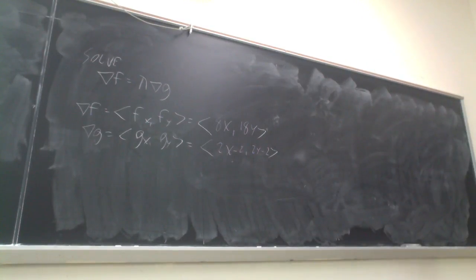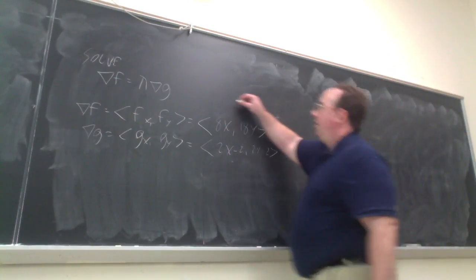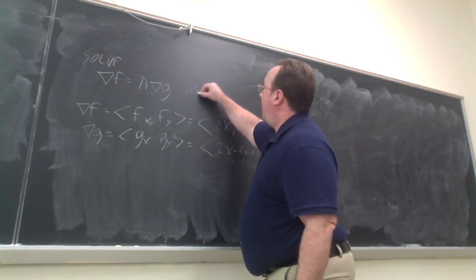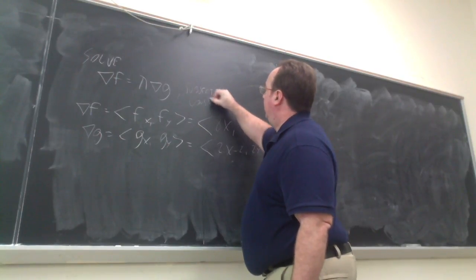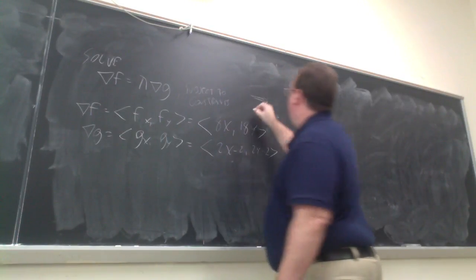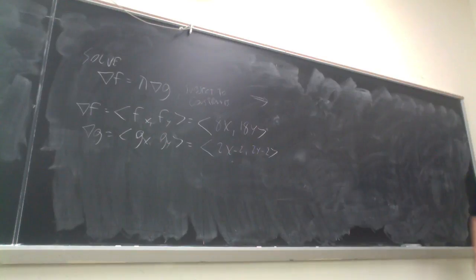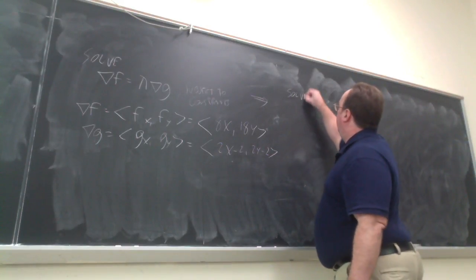So now we need to set up our system of equations. And we don't forget, the constraint still applies. So you will always have a system of equations to solve, and the number of equations is going to be how many independent variables you have, so 2 in this case, plus the number of constraints. So we're going to have a total of 3 equations to solve.